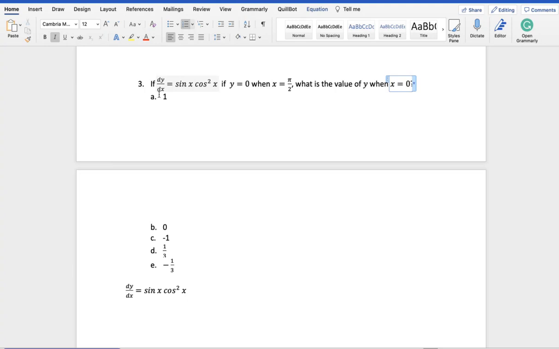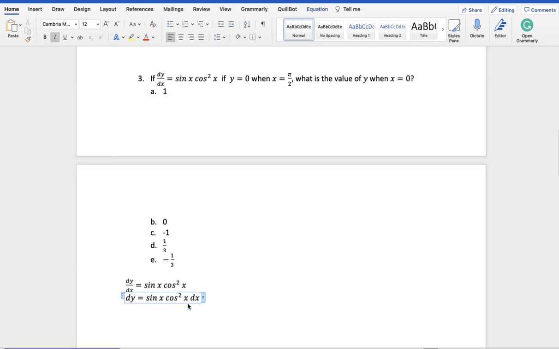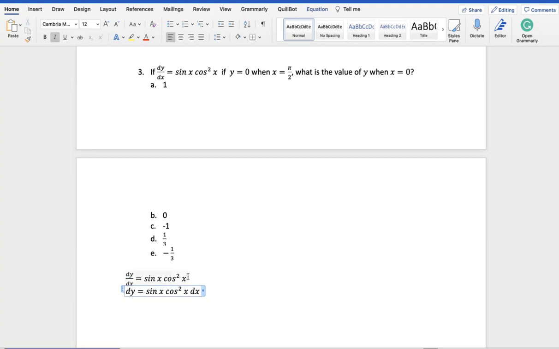And we are given that dy over dx is equal to that, right? So straight away, you can simplify this expression by just taking the dx to the right-hand side there. So this would just become dy is equal to sine x cos squared x dx, right? So therefore you can work out what y is equal to.